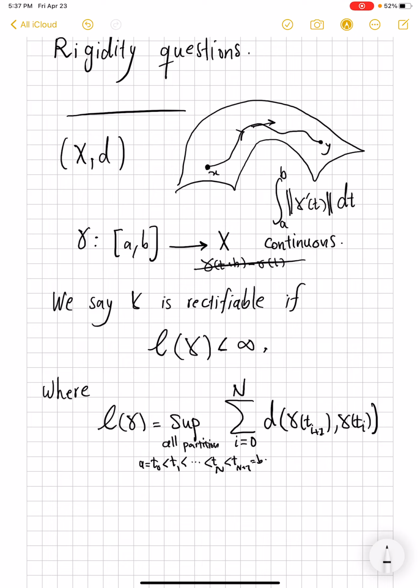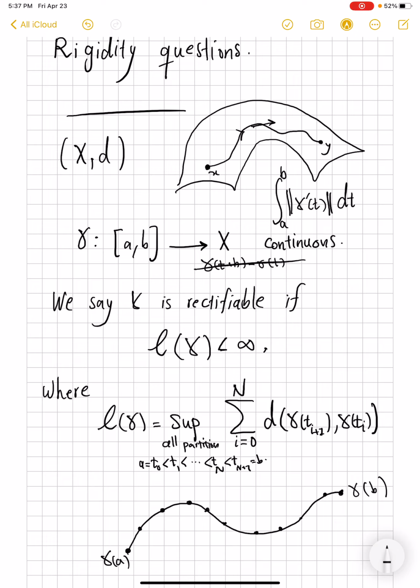The picture that may remind you of how this was computed is: this is gamma of the initial point, this is gamma of the last point, and then you put some finite collection of points corresponding to a discrete number of times.